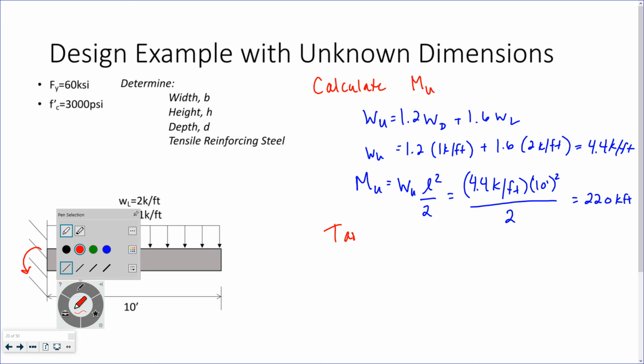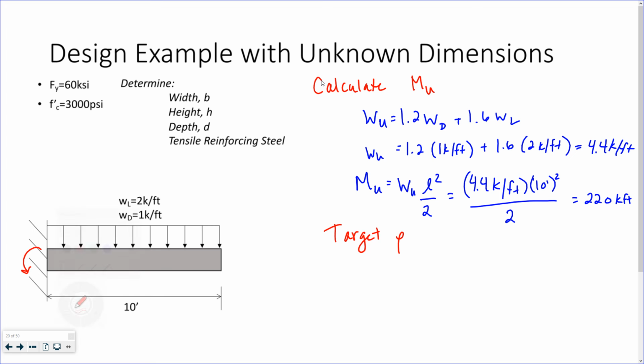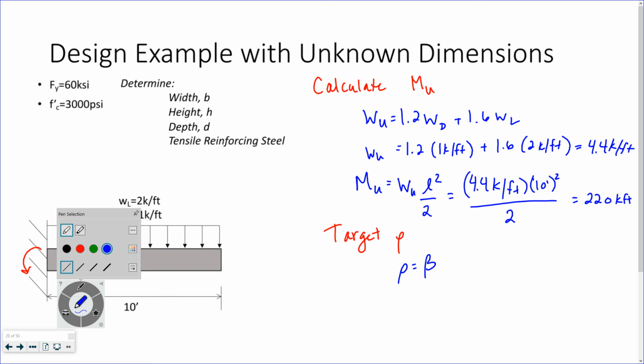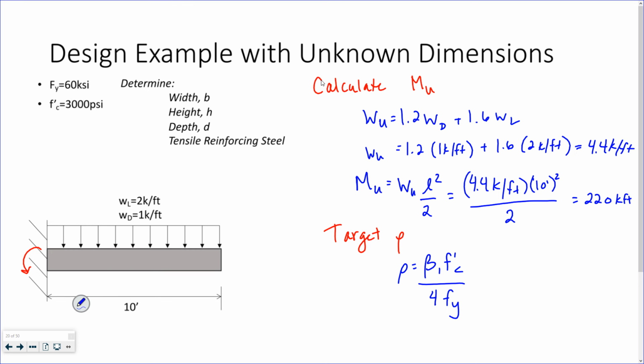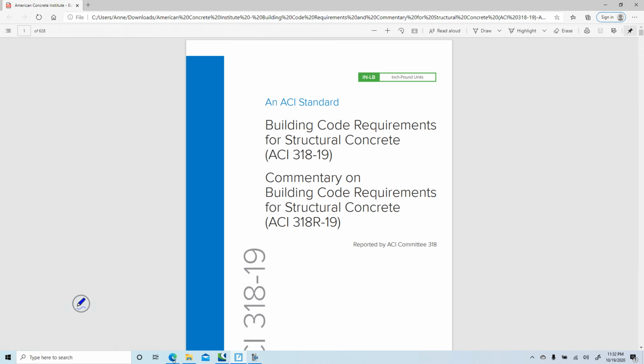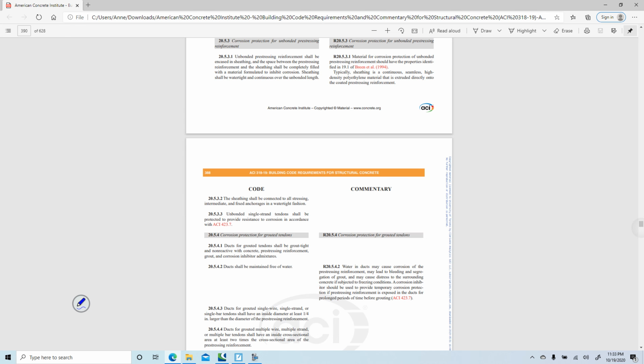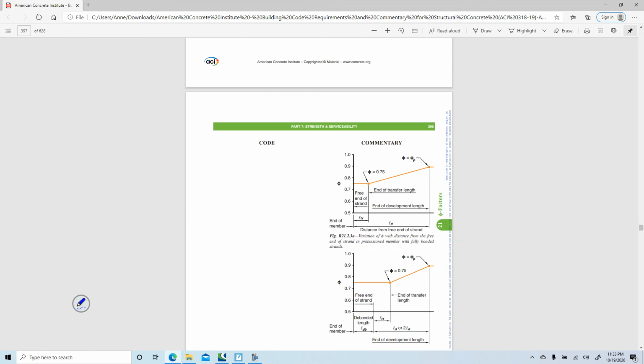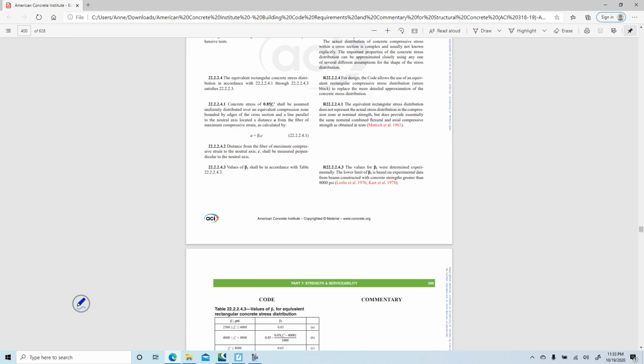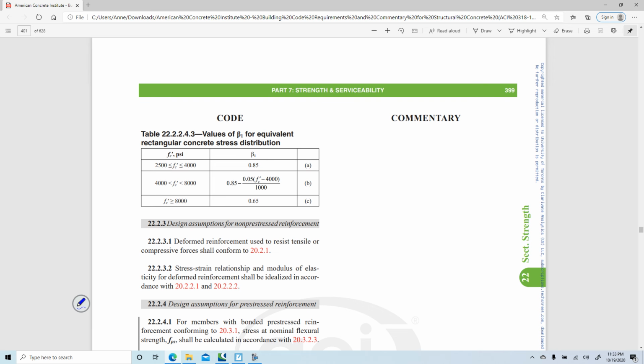So a target reinforcement ratio is beta 1 F prime C over 4 Fy. F prime C is 3000 psi, so my beta 1 is not 0.85. If we go on page 399, beta 1. Oh wait, I'm wrong. If it's 3000, it's 0.85.